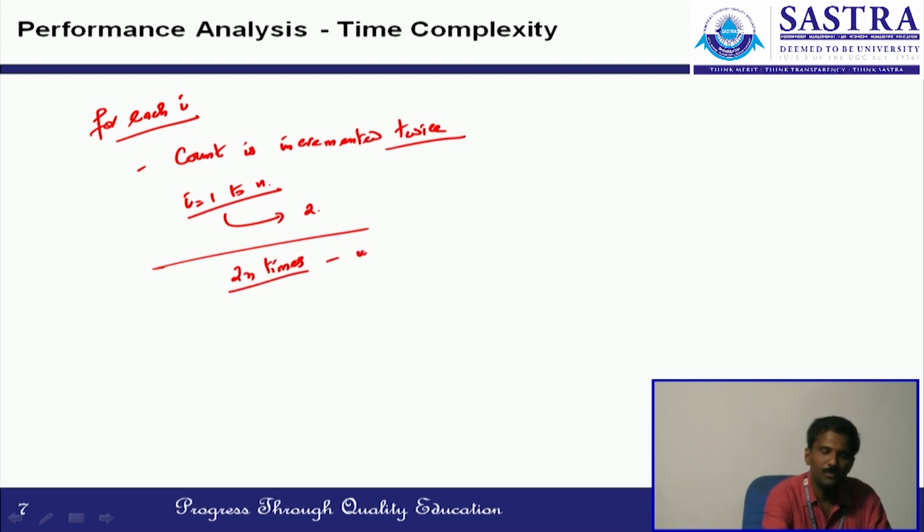That means count is incremented 2n times inside the for loop. Outside the for loop, 3 times count is incremented.